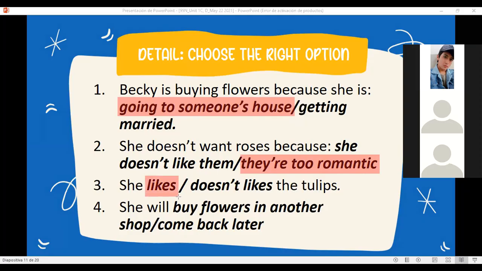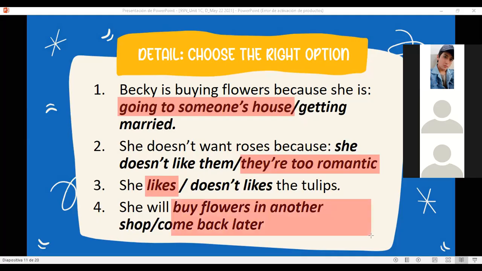And the last one, guys. She will buy flowers in another shop or maybe she's going to come back later. Buy flowers in another shop. Yes, she told at the end, I will try somewhere else. So she's going to buy flowers in another shop. Yes, thank you guys. Excellent job. So you actually paid attention. That makes me very happy. Let's move to the next.